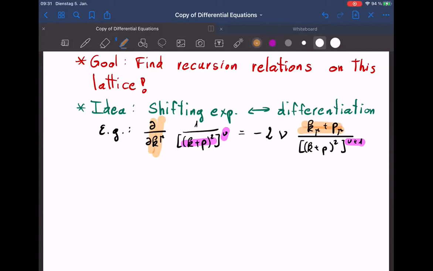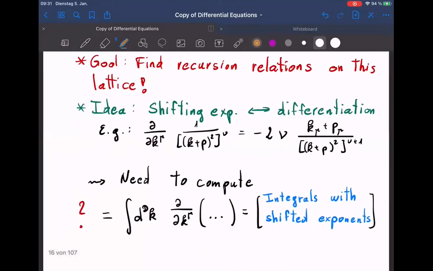So yes, I've shifted the exponent, but I've also not reproduced exactly the same object because I have this numerator, which is a vector, it is k^mu.